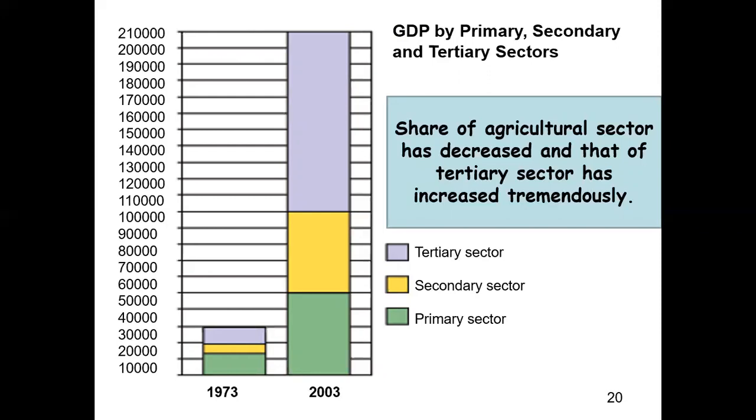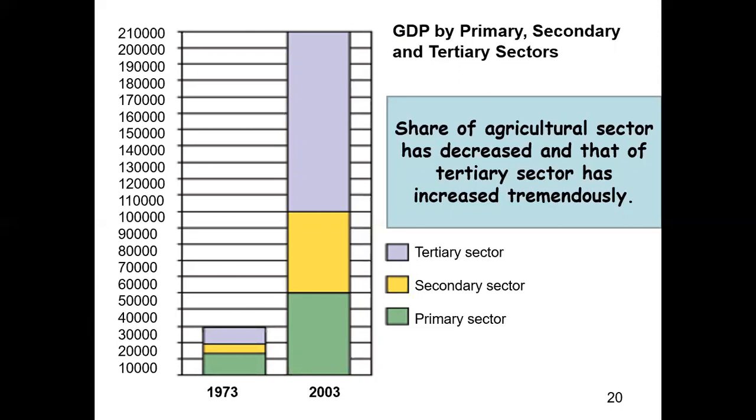So this is the GDP by primary, secondary, and tertiary sectors, showing the share of each sector. The share of the agricultural sector has decreased and that of the tertiary sector has increased tremendously. Like you can see in 1973, the green portion is bigger in the entire bar. But if you look at 2003, the tertiary sector is the biggest, it's the largest. So it's contributing much more to the GDP.